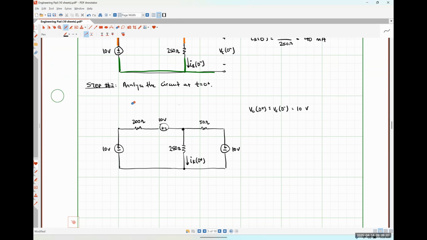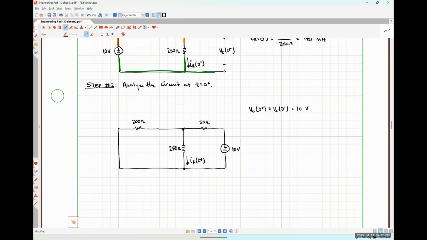The reason why I erased those is because I wanted to make it really obvious that those two 10-volt sources are in series with each other during the transient condition. They're in series and they have opposite polarities. So 10 volts minus 10 volts is just 0. So realistically, I can get rid of both of those, leaving behind just that circuit. And that is something that we can analyze pretty easily.